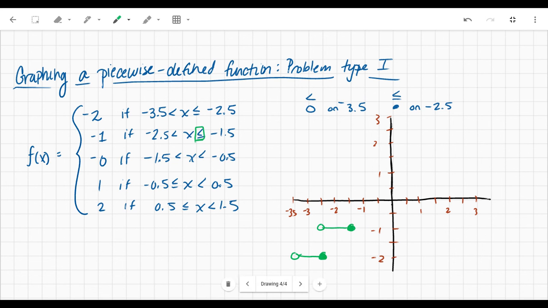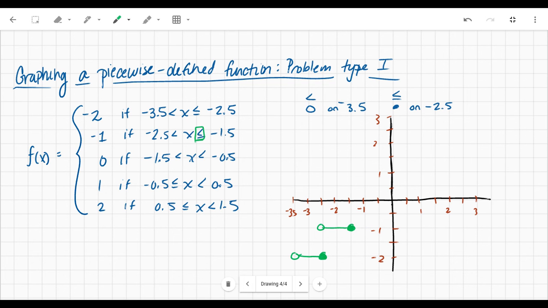In order for it to be a function, we could not have two closed circles when x is -2.5. So we have to know which interval the closed circle belongs to. When we're at x of -2.5, it has to belong to the interval at -2. Oh, and I wrote -0. No such thing as -0.